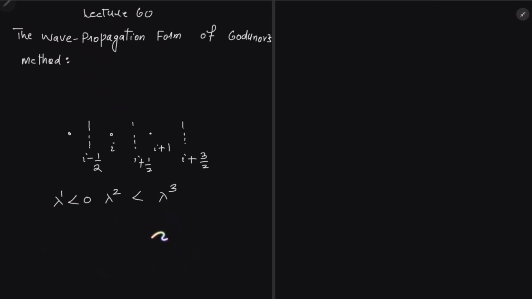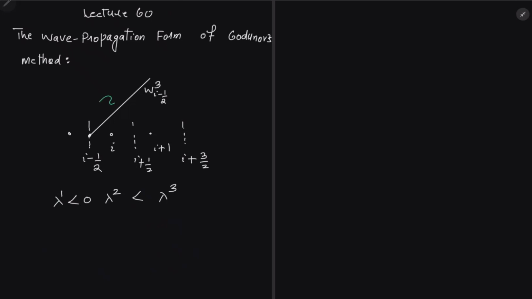So we need to write the waveform of Godunov's method. Suppose that this is cell face i minus 1/2, and we have wave number 3, which has a positive slope, that is W3 at i minus 1/2.